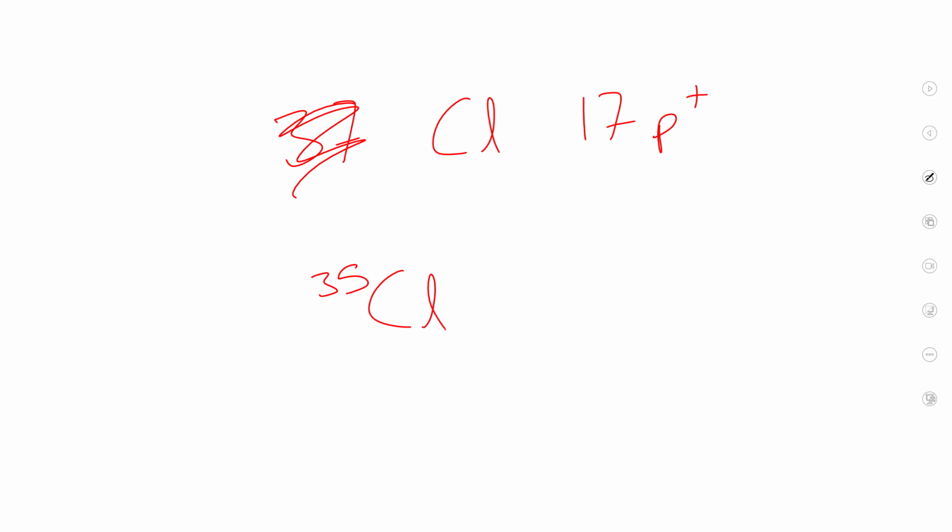But if you change the mass number but keep the number of protons the same, it's still chlorine. You didn't change the charge. You just changed how much that nucleus weighs, so it still behaves the same way as chlorine. Changing the mass number just changes what isotope it is.